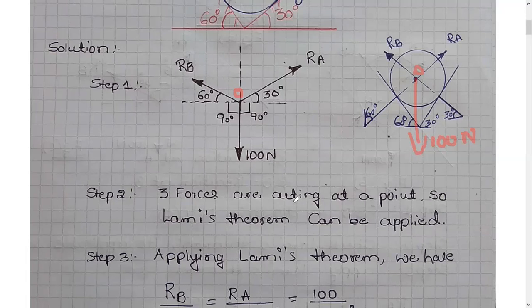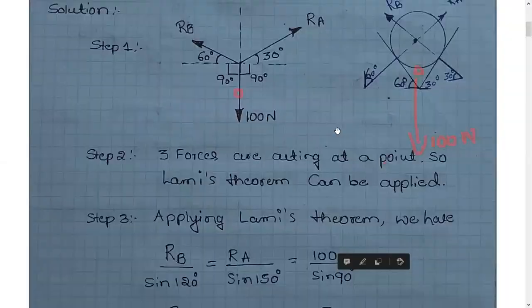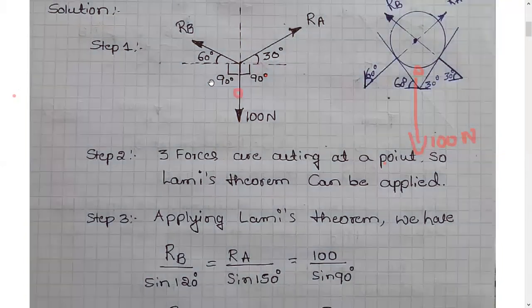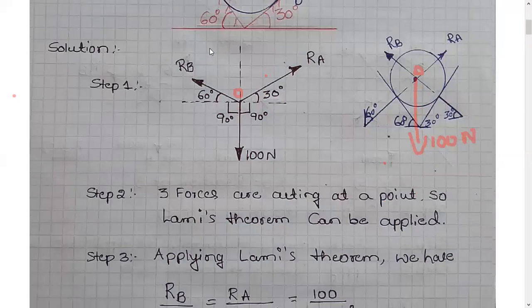All right. Next, we know what Lami's theorem is. Lami's theorem states that if three forces are acting at a point, then each force is directly proportional to the sine of the angle between the other two forces. What is the first force here? If I take RA as the first force, then the total angle framed by the other two forces is the opposite angle.